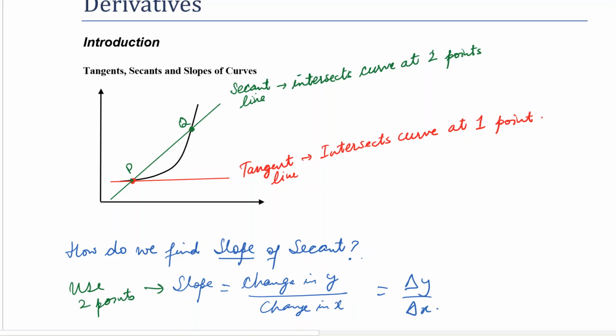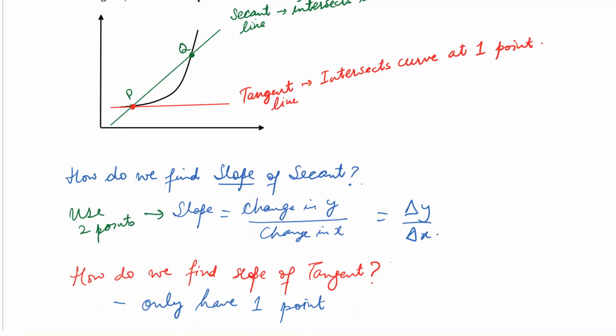But what if we want to find the slope of a tangent line? In this case, we have only 1 point. We cannot find the slope using only 1 point, but maybe we can estimate the slope with the help of secant lines.